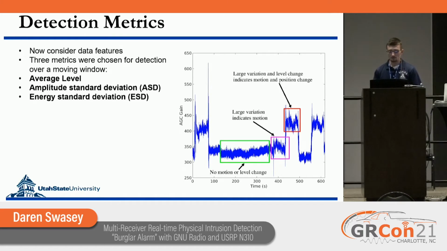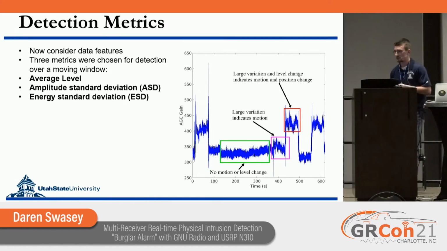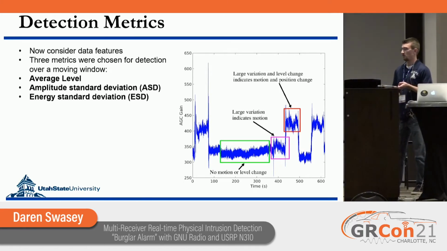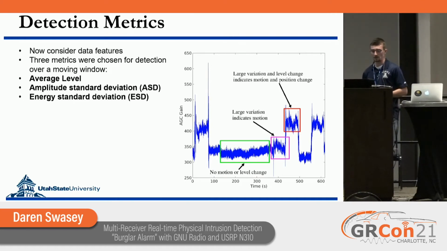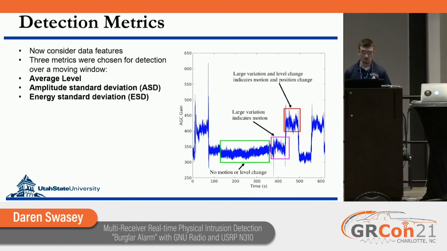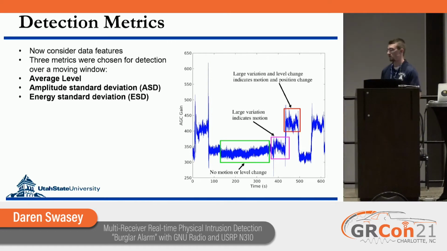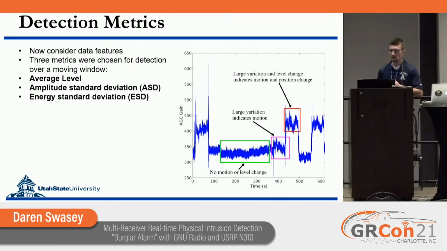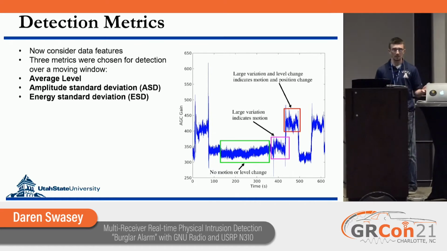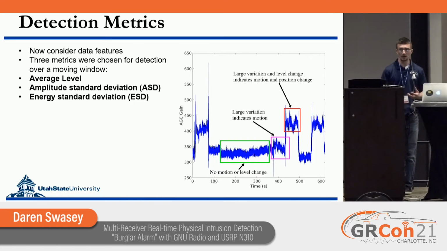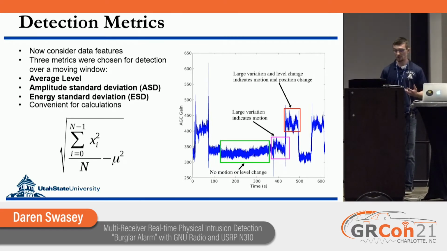And these all led to 3 detection metrics that can be calculated and evaluated over a sliding window on the signal. Those metrics are the average level and the standard deviation of the amplitude and the energy. And the convenient thing about this is that they all feed into each other when you calculate them, making the calculation steps really simple. Using the standard deviation equation, we can first compute the average level and find mu.